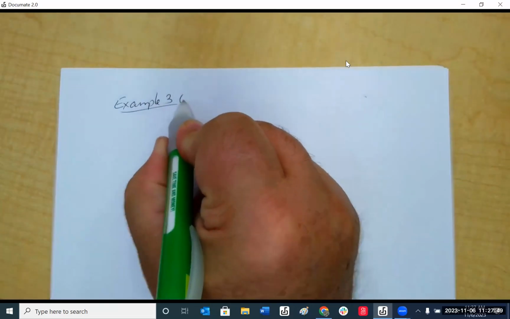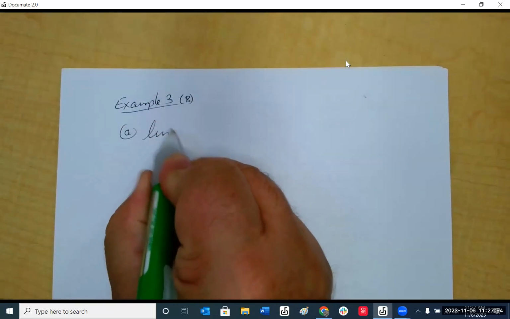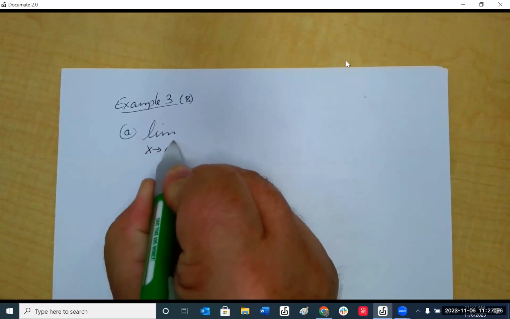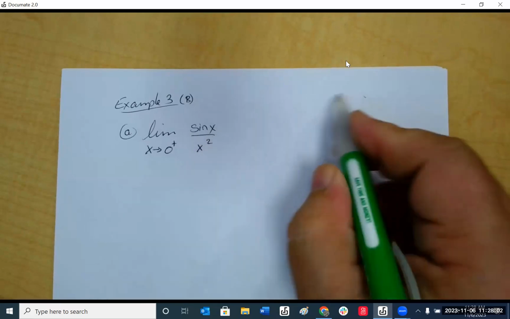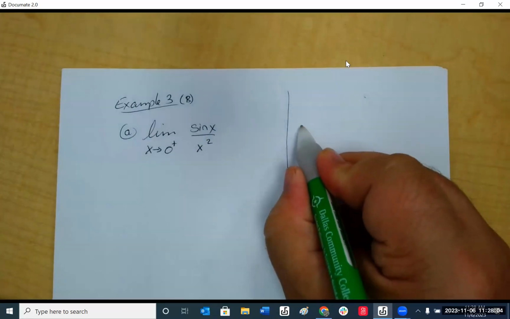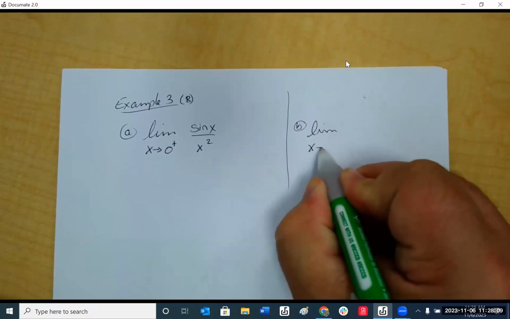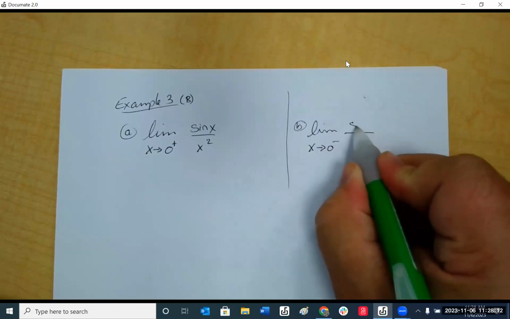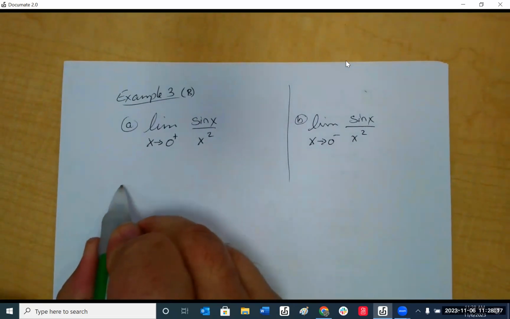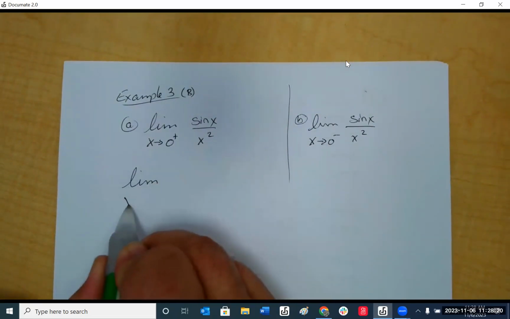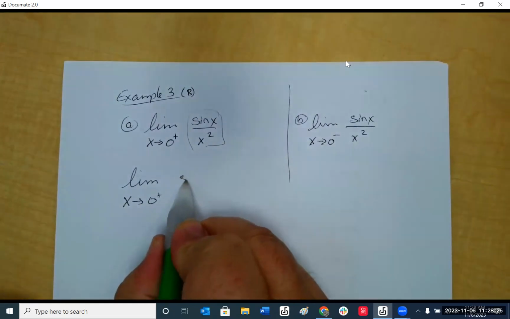Example 3, version B. X approaches 0 from the left. So what we could have done is rewrite this equation.